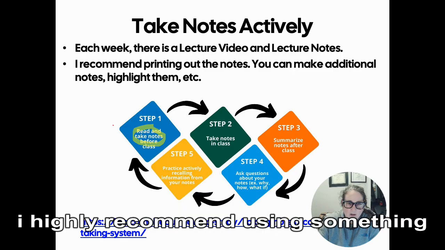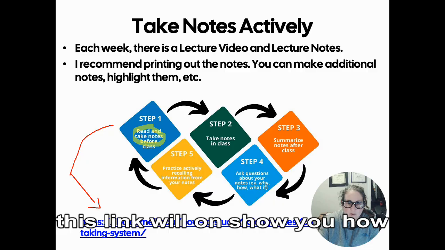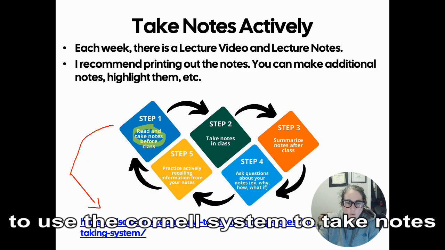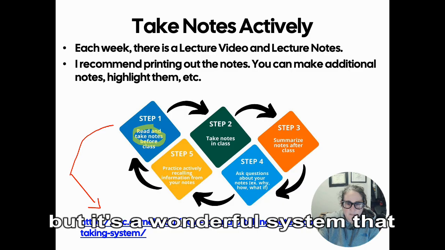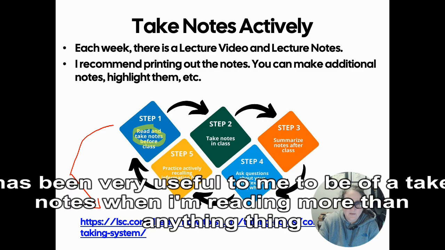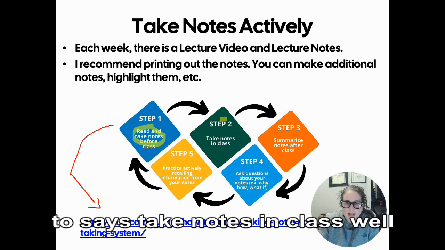And I highly recommend using something like the Cornell note-taking down here. You can check out this link. This link will show you how to use the Cornell system to take notes. But it's a wonderful system that has been very useful to me to be able to take notes when I'm reading more than anything.